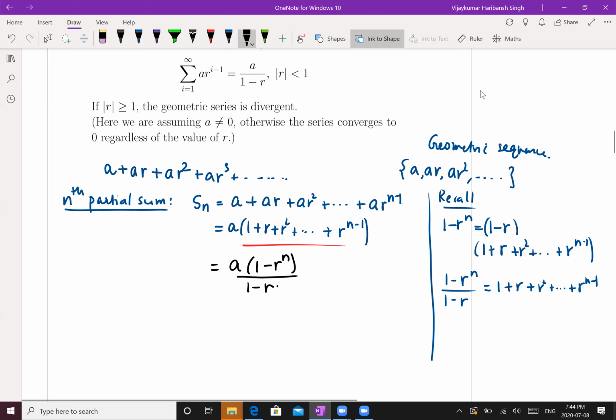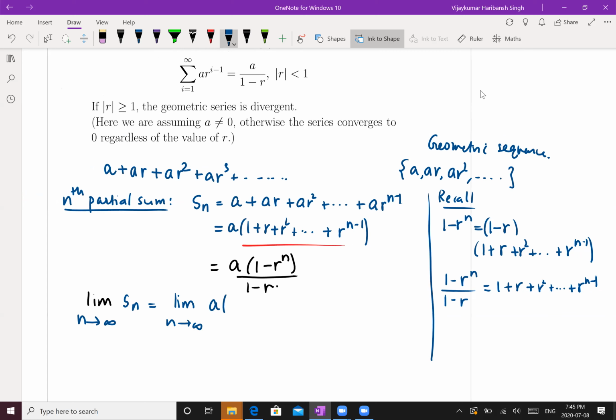Now if I take the limit as n goes to infinity on both sides, the limit of Sn is going to be the limit as n goes to infinity of A times (1 minus R to the power n) divided by (1 minus R).